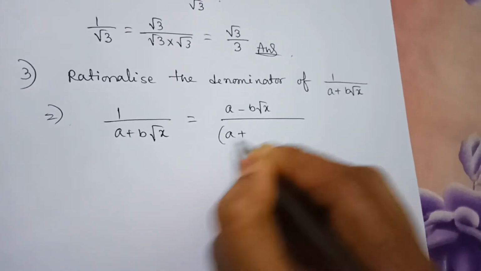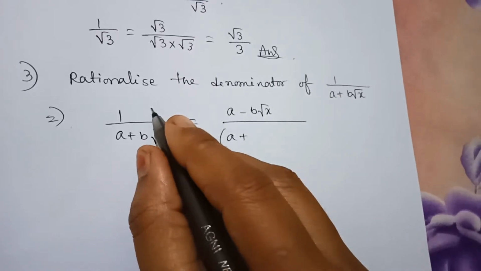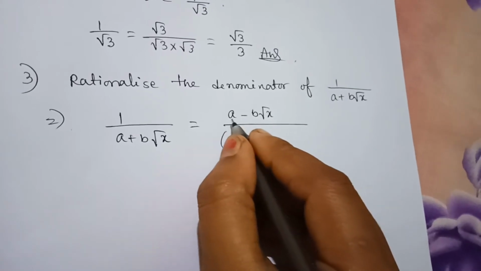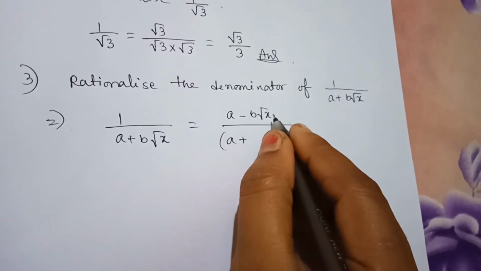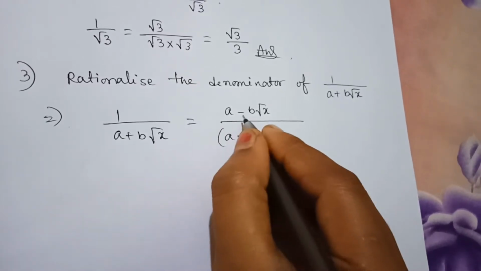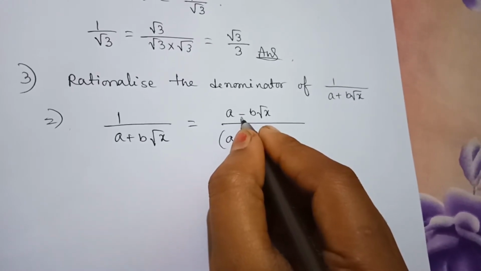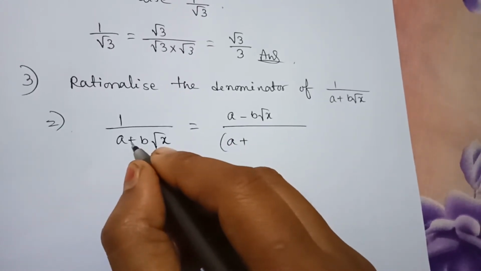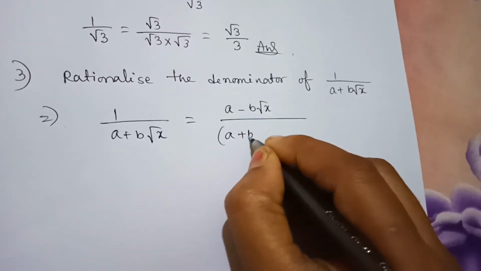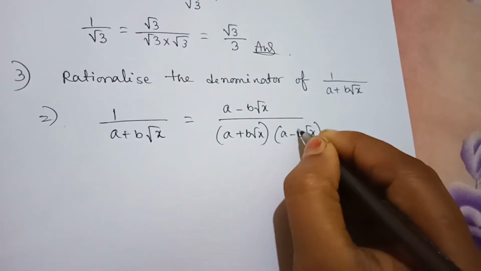Again I am telling, whenever we get this type of form, we have to multiply numerator and denominator both by this type of number, where you can see the middle sign is just opposite. If we have negative here, we will multiply with positive sign. If we have positive sign, then we will multiply with the negative sign. Okay, so it's becoming like this, a minus b root x.